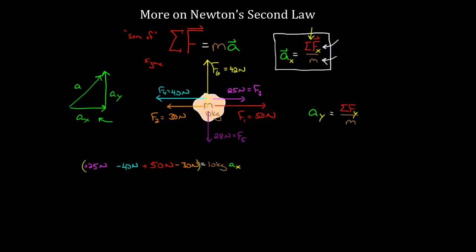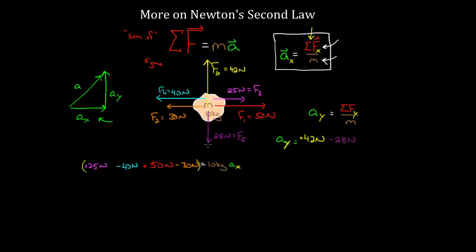For the y direction, we could say that the acceleration in the y direction would be the net force in the y direction. So how do we deal with this? Only vertical forces are going to be affecting the vertical acceleration. So I can take this F6, which is 42 newtons. It points up. We're going to treat that as positive because we don't have a good reason to treat down as positive. 42 up, and that's the convention we usually pick. 42 minus 28. 28 points downward.